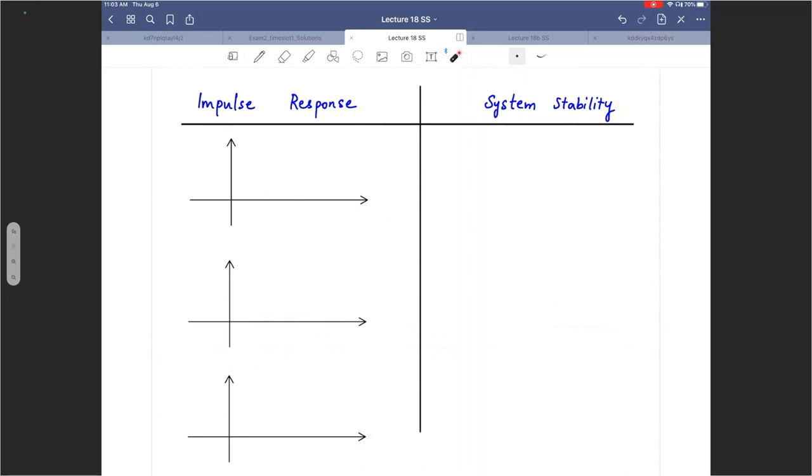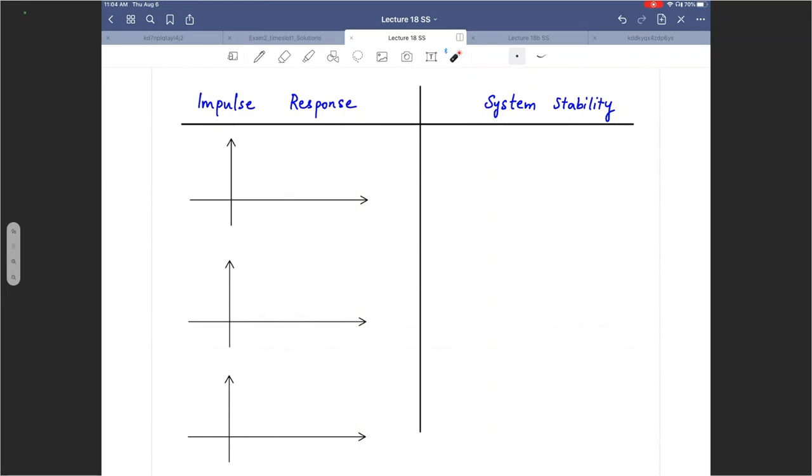Zeros play a role in different things: how the response of the system is going to be. That is dictated by where the zeros are, in terms of the shape of the response, not as much as the stability of the system. So stability only depends on the location of the poles.